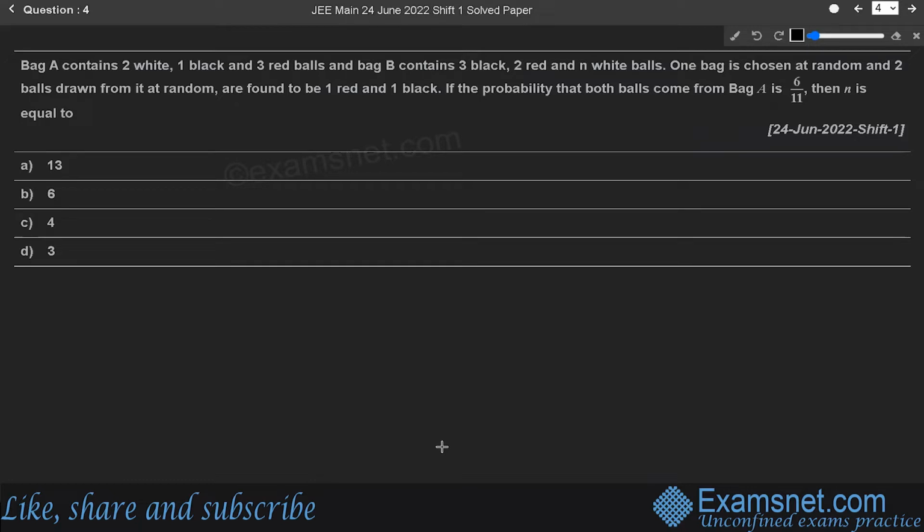It is given that bag A contains 2 white, 1 black and 3 red balls, and bag B contains 3 black, 2 red and n white balls.